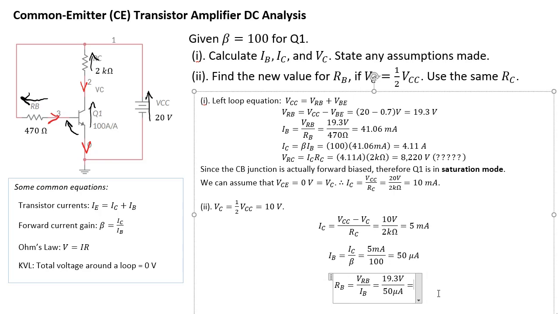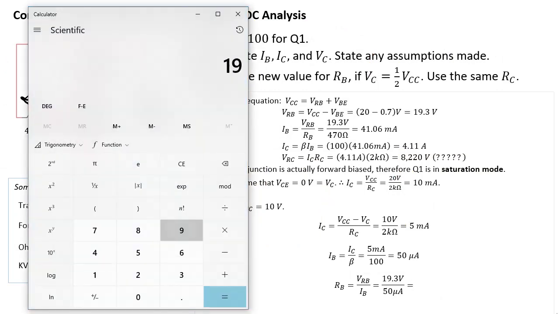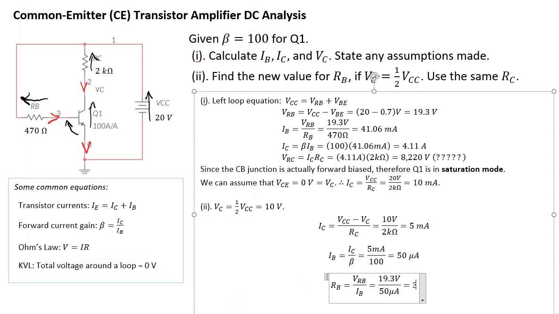So 19.3 divided by 50 microamps, what do you get? 19.3 divided by 50e negative 6 is going to be equal to 386 kilo ohm.